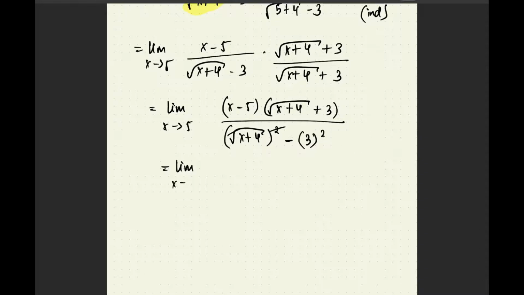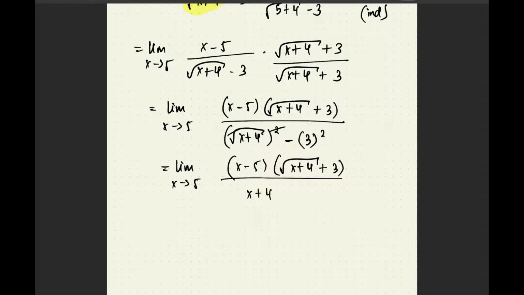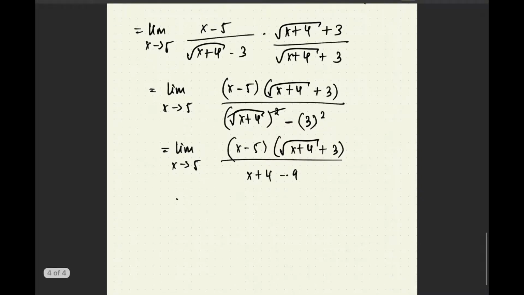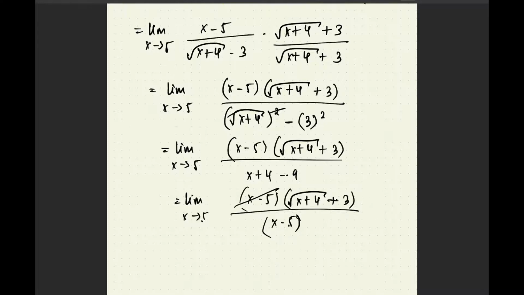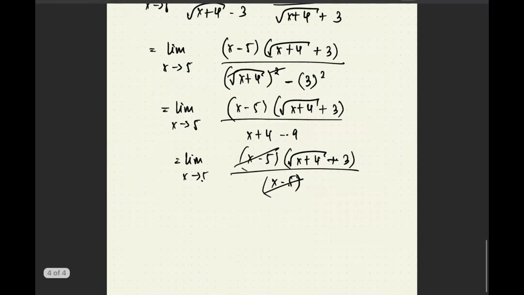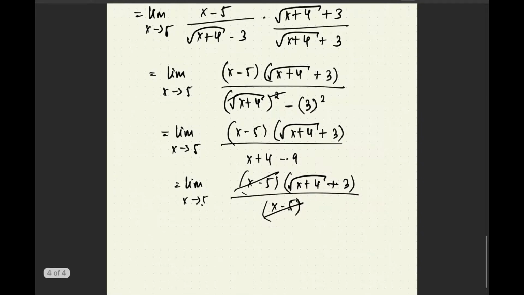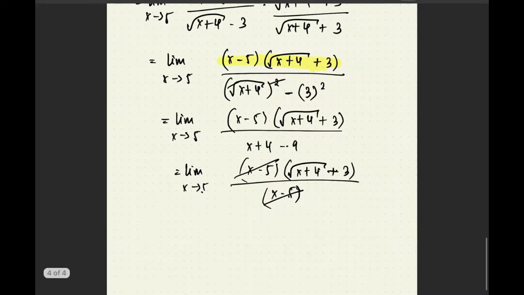So this is simply the limit as x approaches 5 of x minus 5 multiplied by root x plus 4 plus 3, divided by x plus 4 minus 9. Right, so I can just try and simplify this a little bit. We can now cancel the x minus 5 and x minus 5. That's why we didn't simplify this part in the first place, because there could always be an opportunity to cancel it.